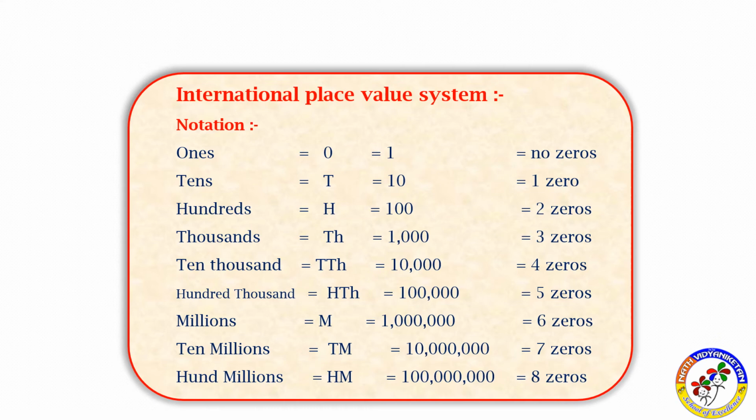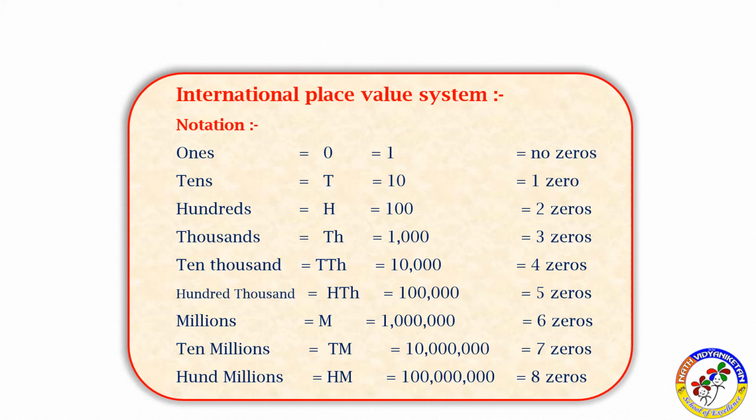And then millions can be written as M. So in 1 million we have 6 zeros. And then 10 millions, 10 can be written as T and millions can be written as M, that is TM. So 10 millions has 7 zeros.